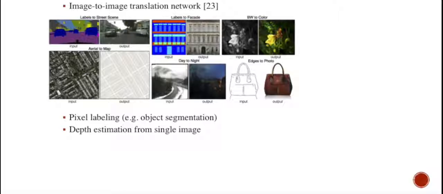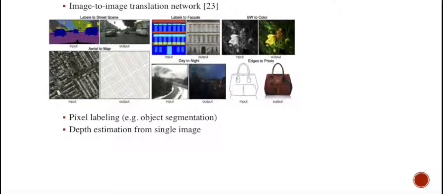In this work, they model the image-to-image transformation as a conditional generating process and use an adversarial loss for network training.